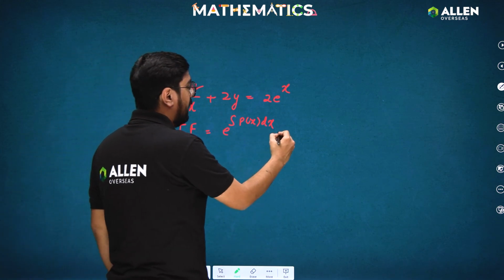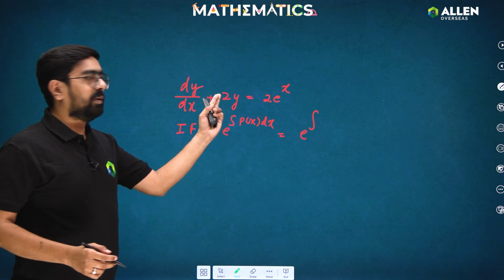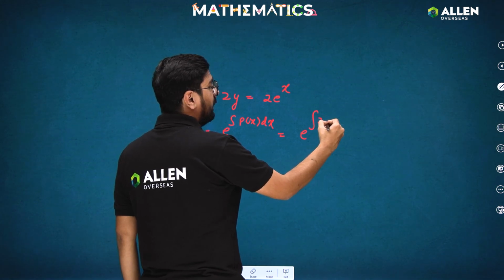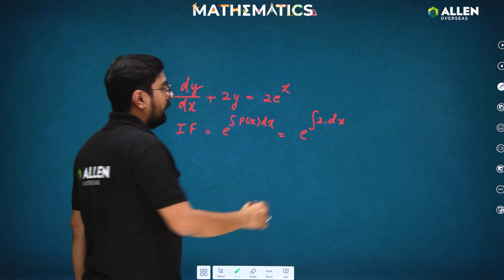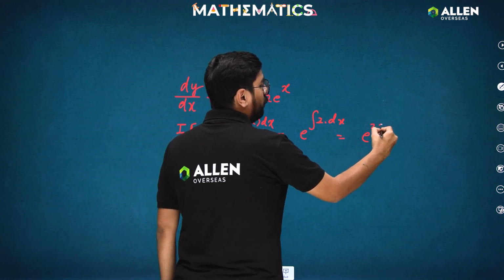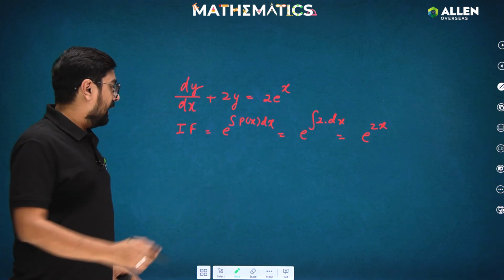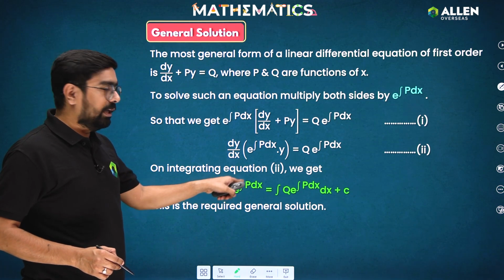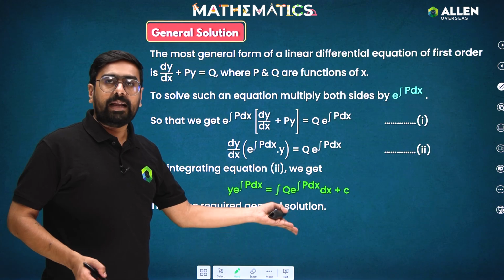Now this can be written as e to the power of integral of p of x, which is 2, dx. That's it. And this is going to be equal to e to the power of 2x. So my integrating factor comes out to be e to the power 2x. And when I want to write the solution, in the solution y into e to the power of integral of p dx, we can take this on the right side also.